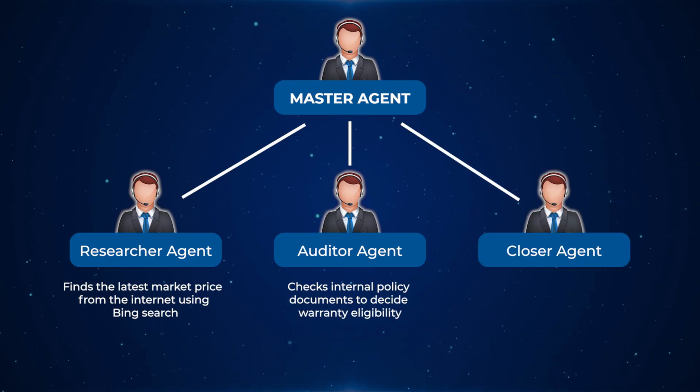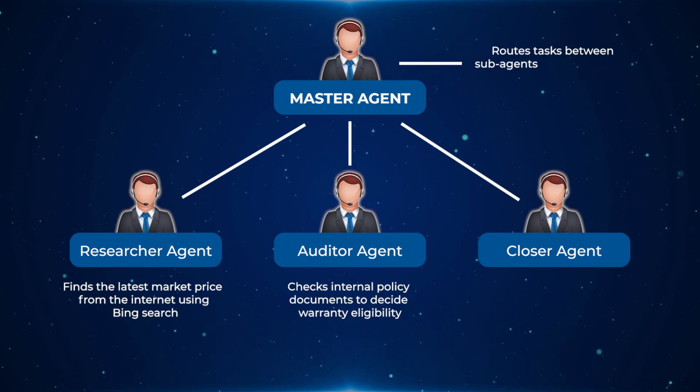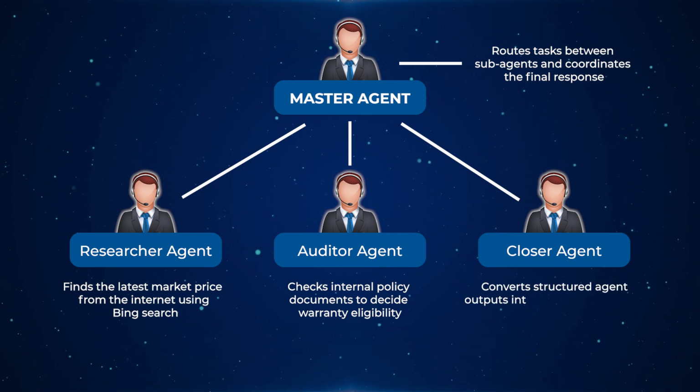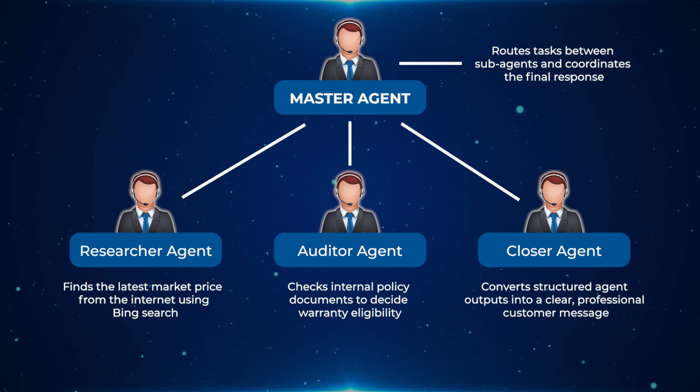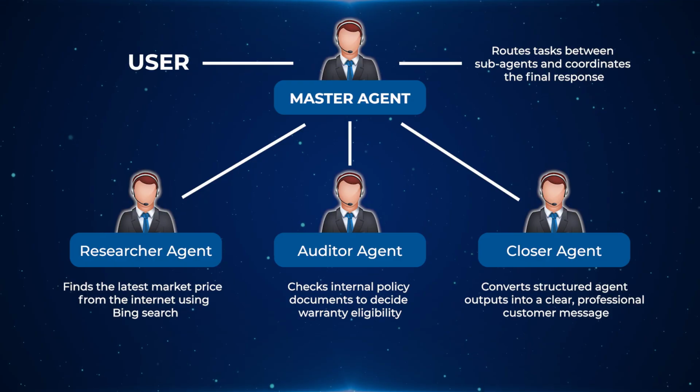And then we have a closer agent. The manager agent is going to get all this information from the researcher and auditor, and then it is going to send the final note to the closer. The closer agent will curate it in a professional tone and send the professional message back to the manager agent, and then the manager agent will communicate with the user.